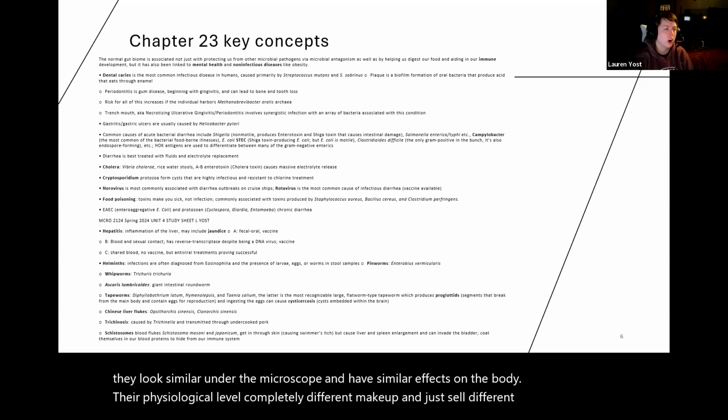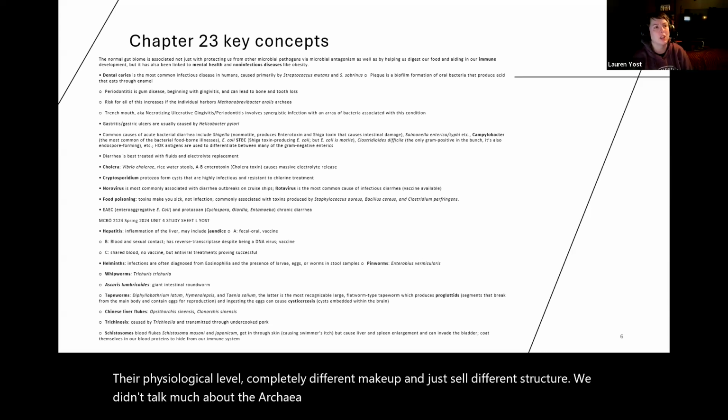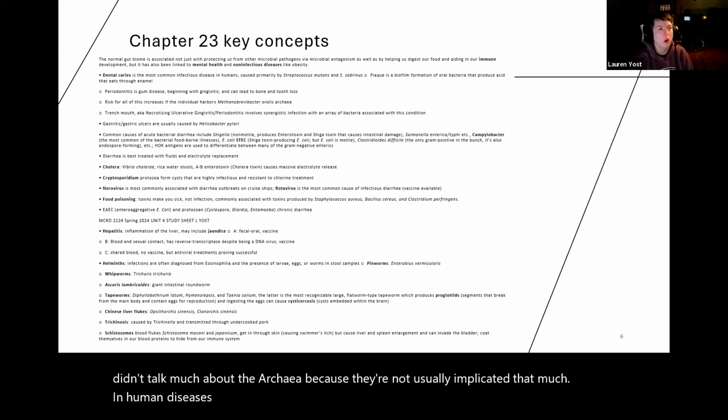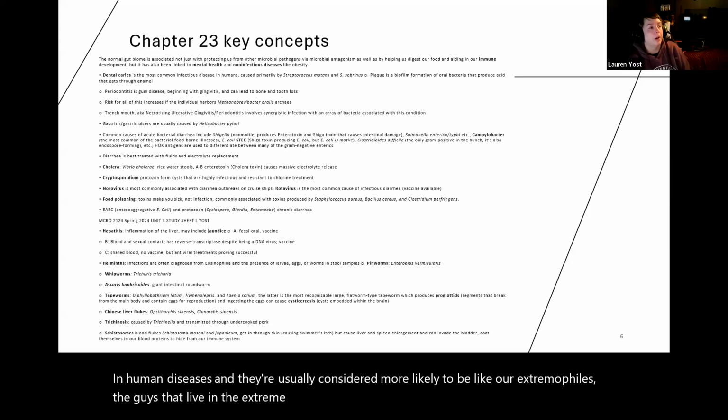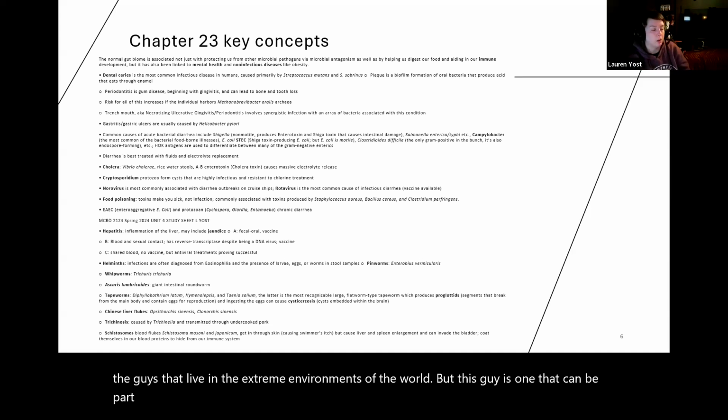We didn't talk much about the archaea because they're not usually implicated that much in human diseases, and they're usually considered more likely to be our extremophiles, the guys that live in the extreme environments of the world. But this guy is one that can be part of your microbiome in the oral cavity.